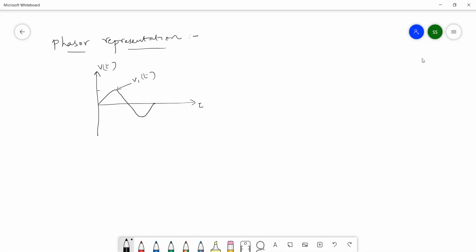This is your maximum point Vm1. And there is another wave. This is also a sinusoidal waveform that I can call V2 of t with an amplitude of Vm2.